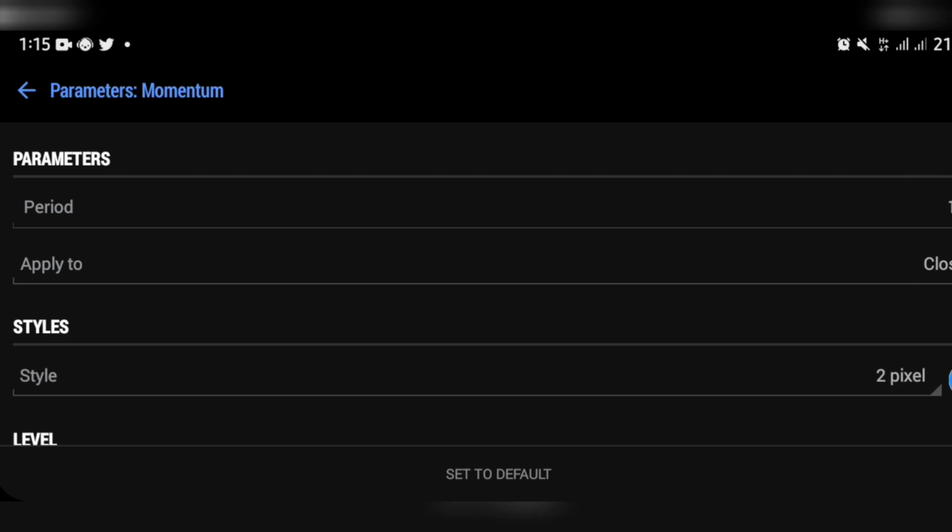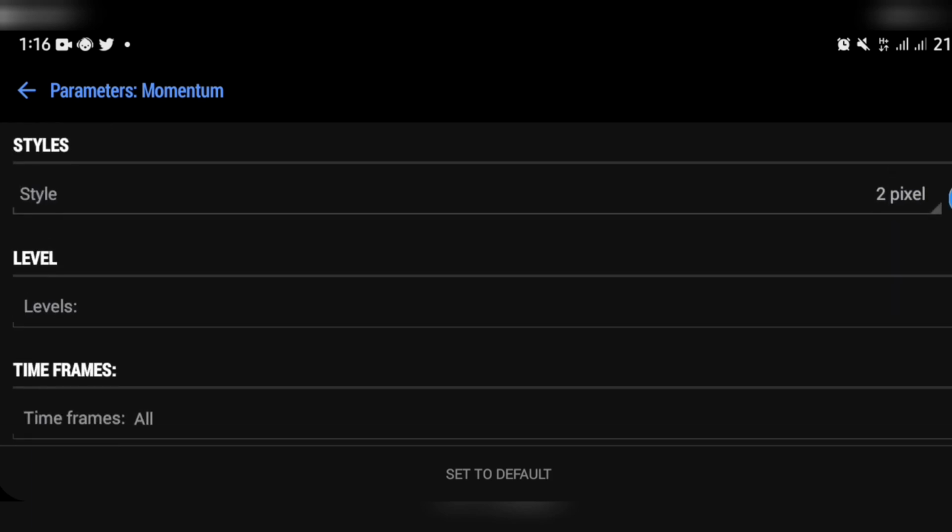I can decide to change the color to any color I like, and I can decide to change the pixel to see how thick or how thin I want it to be. You can do anything to your chart, so just follow everything I'm saying.